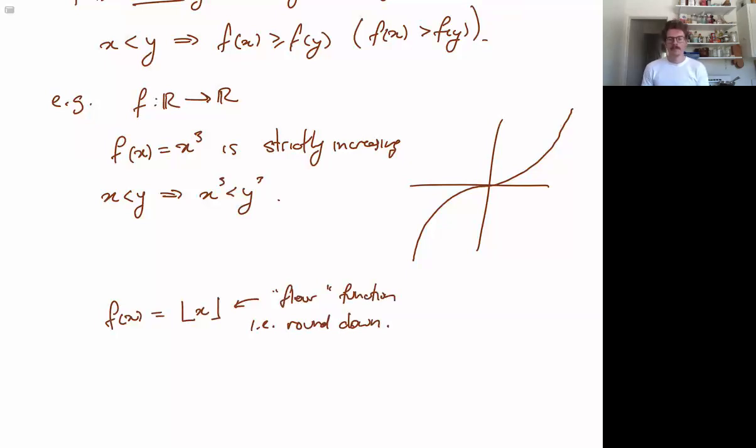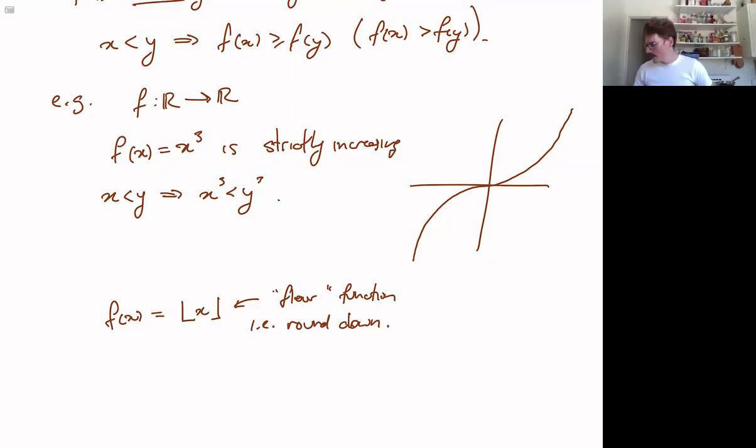So if you put in an integer, you'll just get the same thing back because rounding doesn't do anything. So 2 is going to go to 2. But if you put in 2.1, you will still get 2 out because you round down. If you put in 2.9, you will still get 2 out because you always round down. You don't round up. That's what the floor function is. You go down to the next integer.